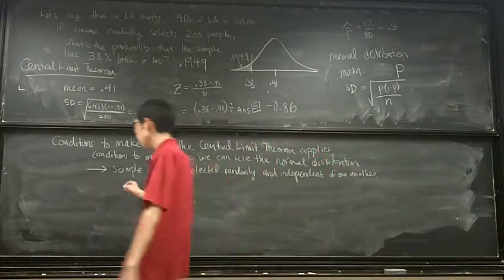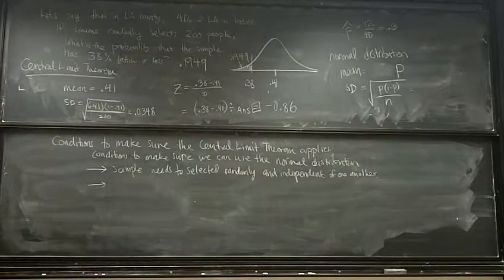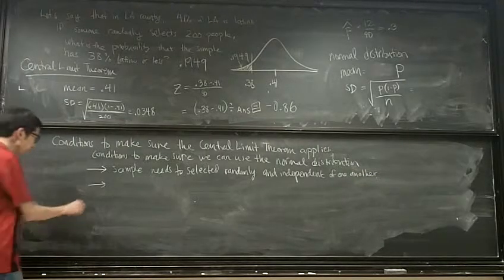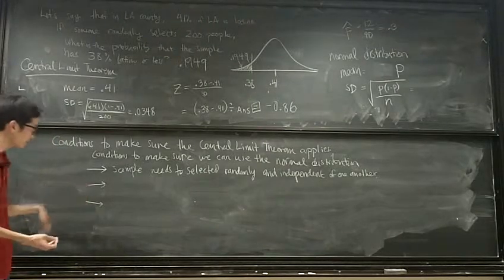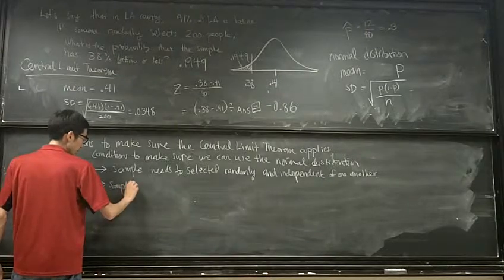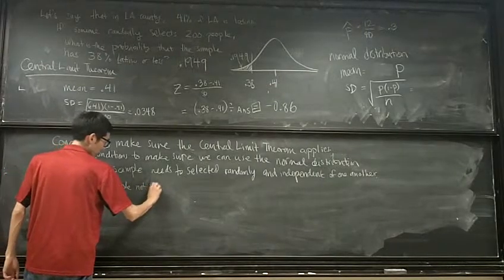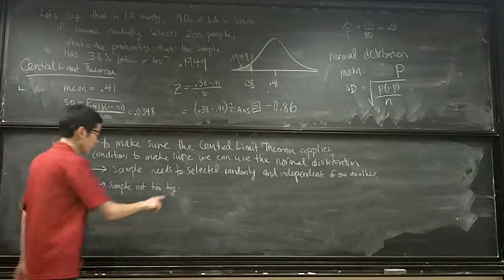And then there are two more things. The sample can't be too small, and the sample can't be too big. We give these two things a few different names. So the sample is not too big compared to the population.